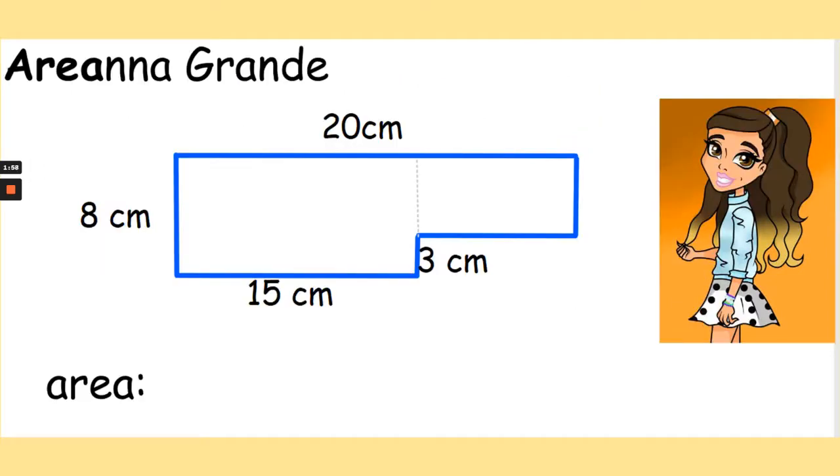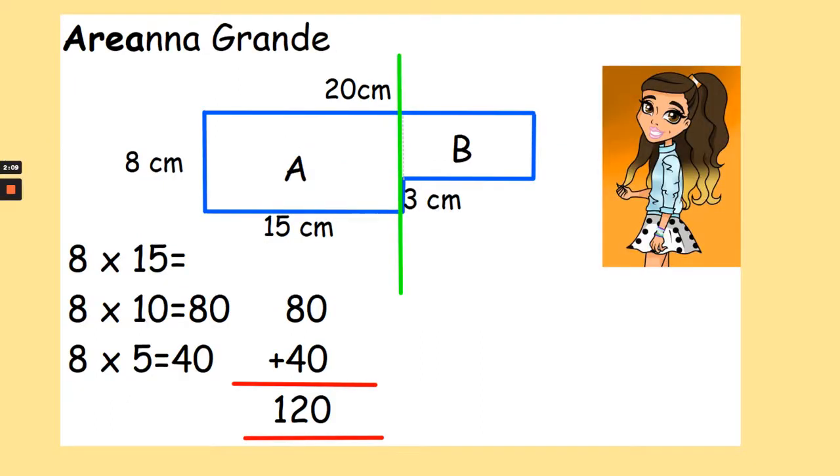So, looking at this shape, I would like you to work out the area, please. Pause the video now. Okay, let's have a look. So, we have split the shape into shape A and shape B. I'm focusing on shape A at the moment. So my area is 8 times 15.